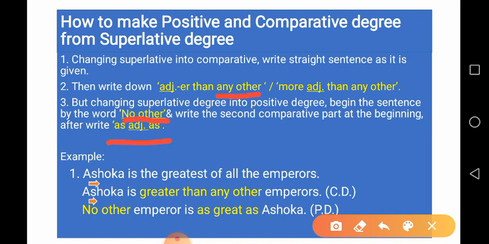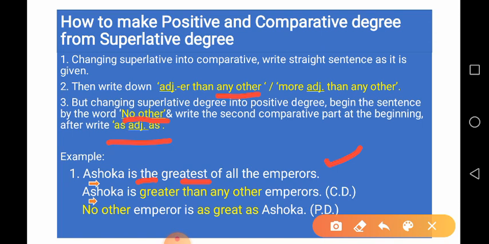See here, Ashok is the greatest of all the emperors. You can see the word the and greatest, means est is added to the adjective, the plus est. Therefore, this sentence is considered as a superlative degree example.